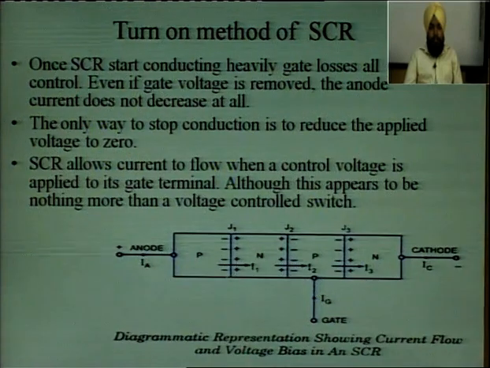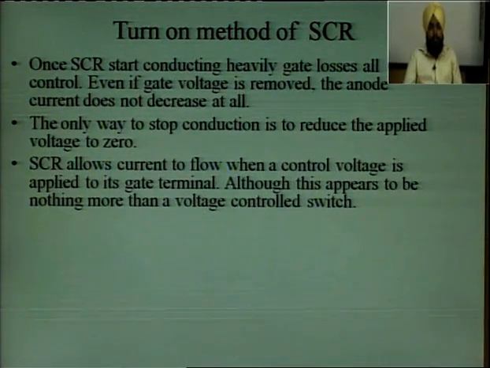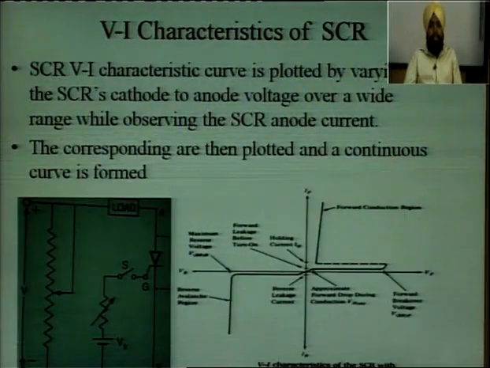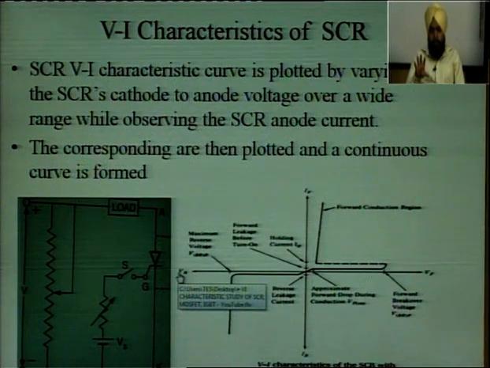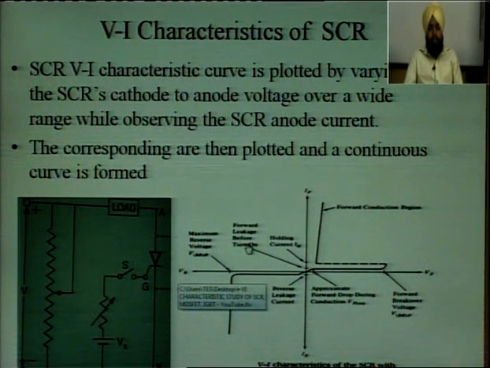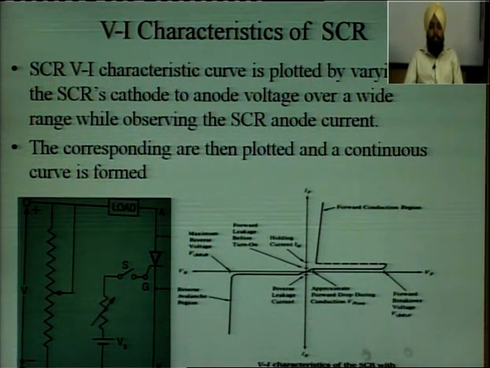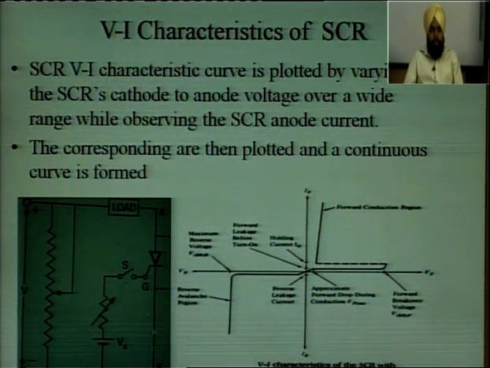Okay. So, next is the VI characteristics of SCR. What we have studied so far, now we are drawing in graphical form. So, three cases we have discussed. To draw the VI characteristics, first we have to draw the same circuit diagram again.